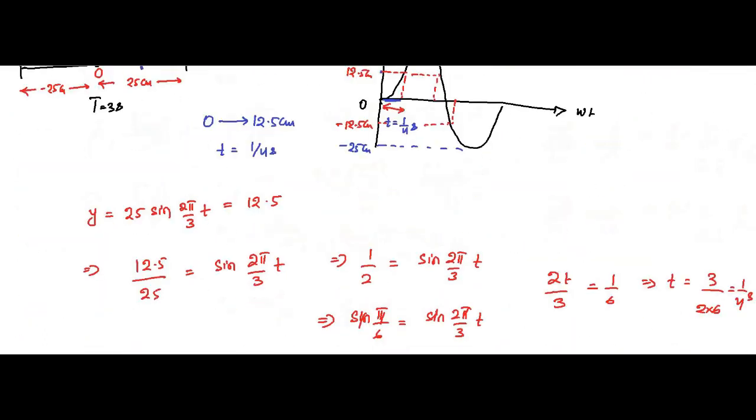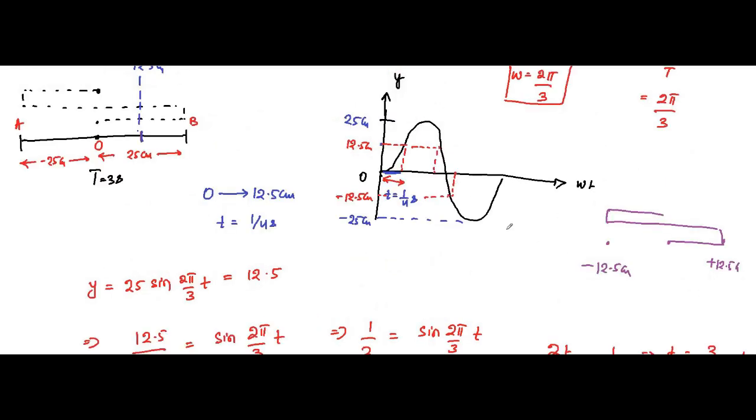That means if there are 2 points, here minus 12.5 centimeters and here plus 12.5 centimeters, in between these 2 points how much minimum time does it take to move from minus 12.5 to 12.5?